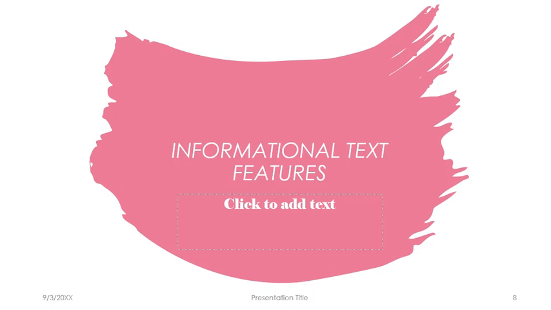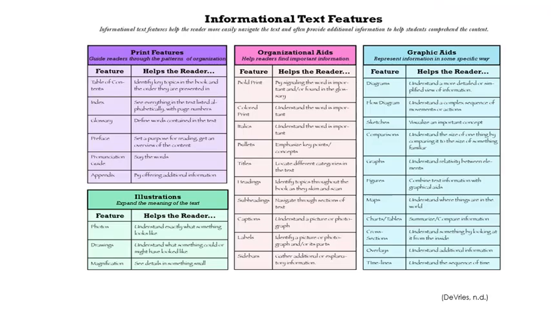Next, we're looking at informational text features. Informational text features are important when analyzing text. Text features can be broken down into 4 categories. We have our print features, which would be the table of contents, glossary, and index. You can have illustrations, whether they be photos, drawings, magnifications to make certain details larger.